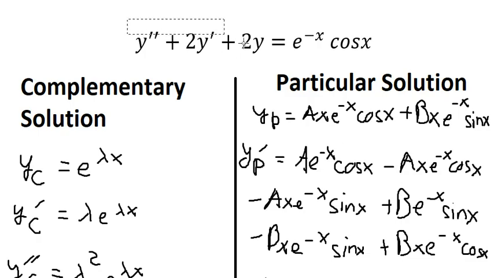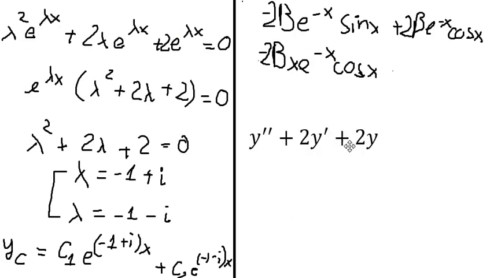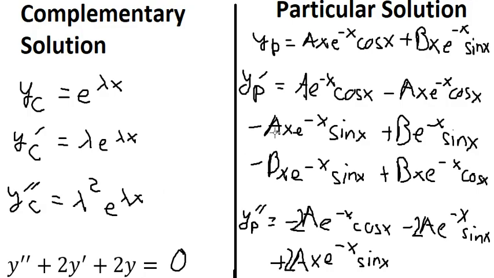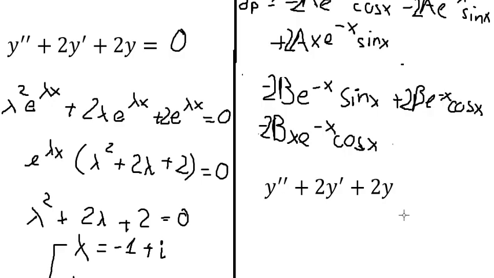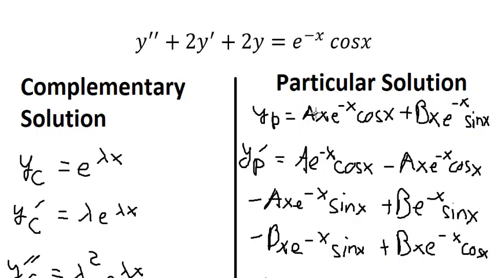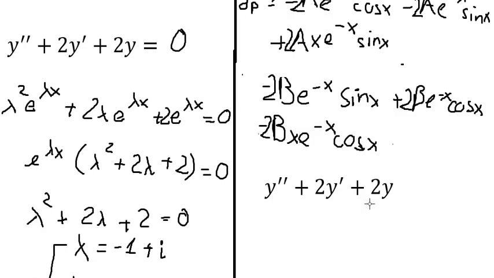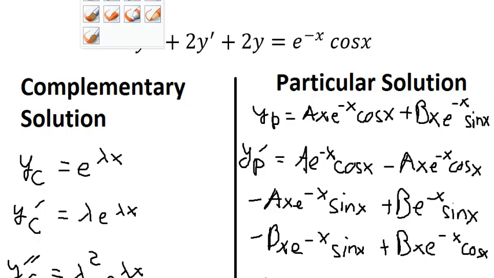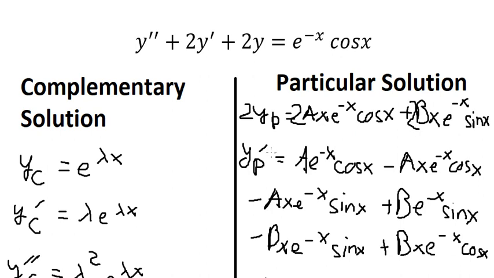Now let's go back in here. So for second derivative we have this one. First derivative we have this one. And original is this one. Now because I want to simplify more easily, I will put number 2 in here.